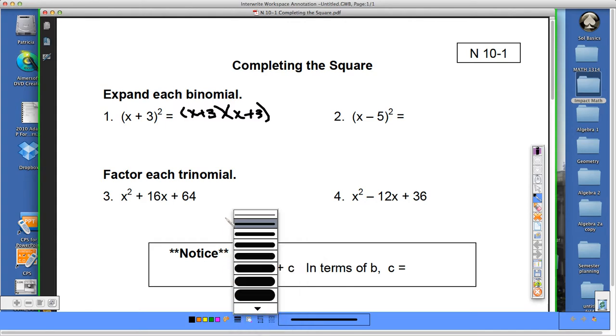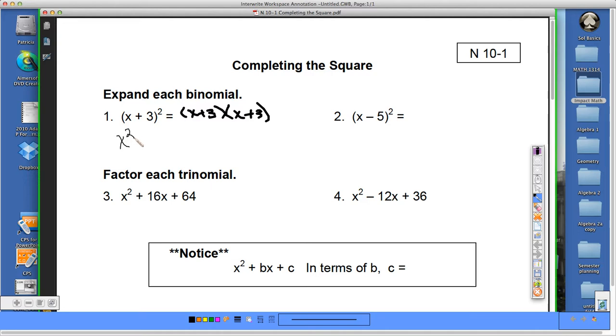When I FOIL this or double distribute, you have x times x gives you x squared, plus x times 3, 3x. Then we distribute again, plus 3x again, and plus 9. And so the final result is x squared plus 6x plus 9.